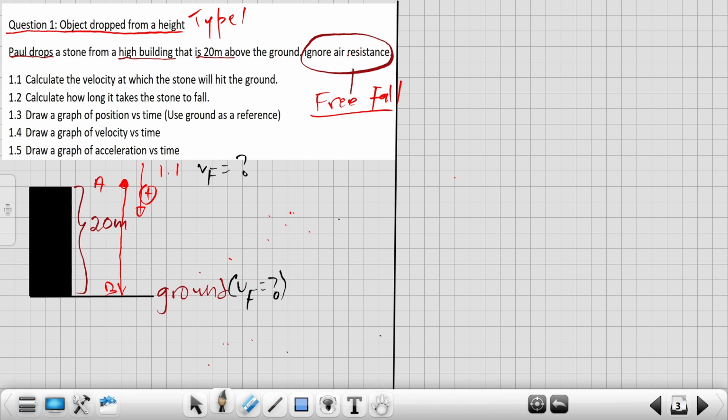I need to be given some time, which is not given in this instance. Do I have V initial? We'll look into that, but the idea is I want to identify my two easy variables that are given. So my G is given, which is 9.8 meters per second squared, and then also I have my delta Y here, which is 20 meters.